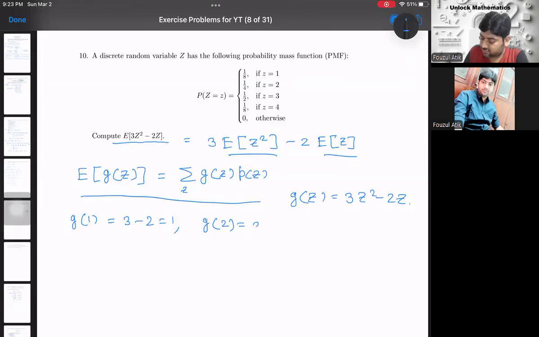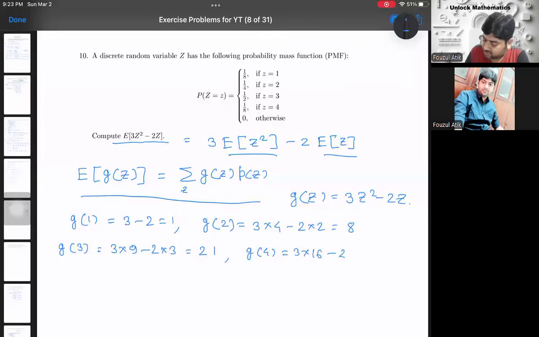It is 3 into 4 minus 2 into 2, it is 8. Like that we can find the other values. So g of 3 is 3 into 9 minus 2 into 3, 27 minus 6, it is 21. And g of 4 is 3 into 16 minus 2 into 4, which is 40, right?